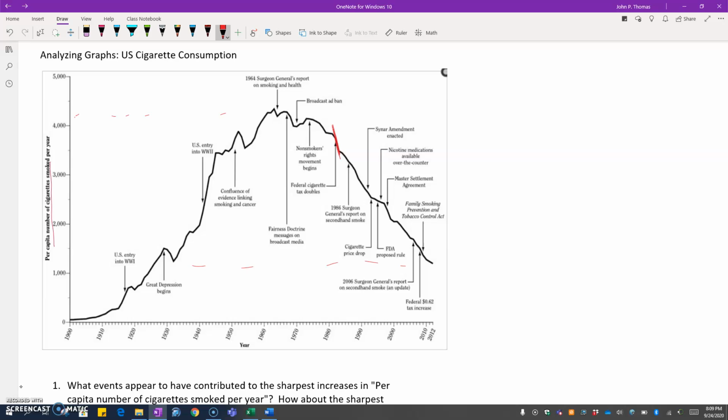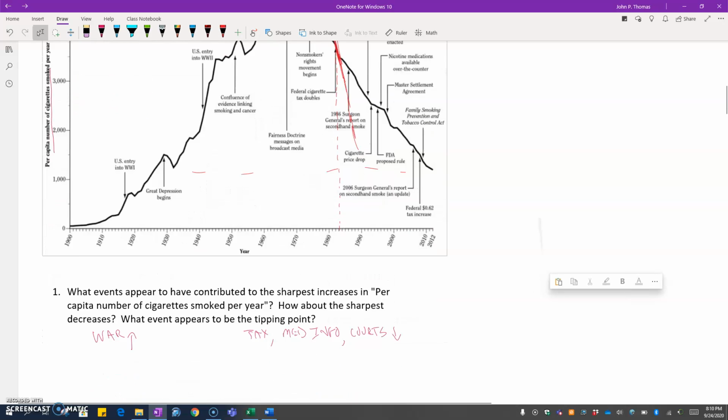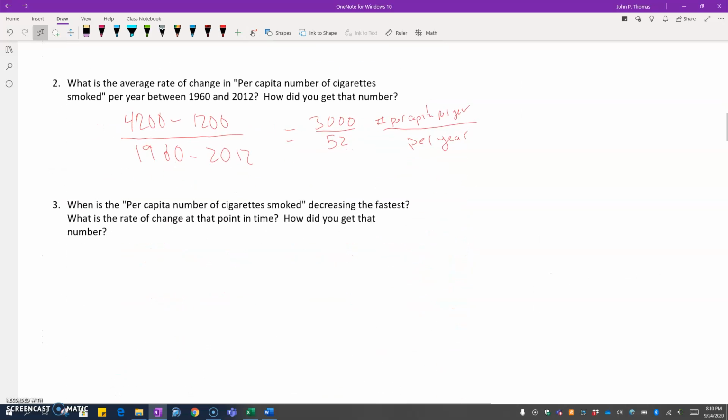If I want to estimate this instantaneous rate of change, I'm going to go ahead and get this tangent. From a year standpoint, it looks like roughly 1983 was when it happened.